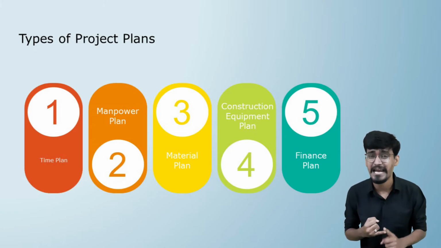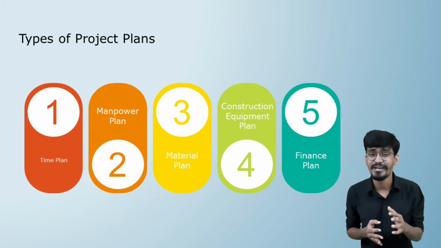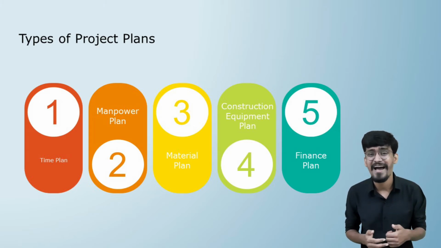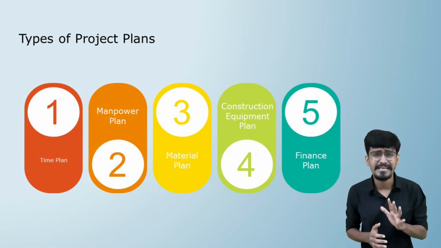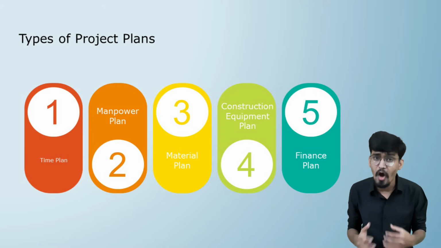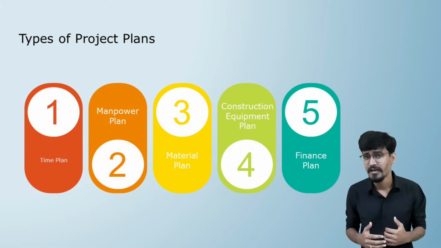The first is time plan. Second is manpower plan. Third is material plan. Fourth is construction equipment plan. And the last is finance plan. So these are the 5 types of project plan which we have to perform before starting any project.